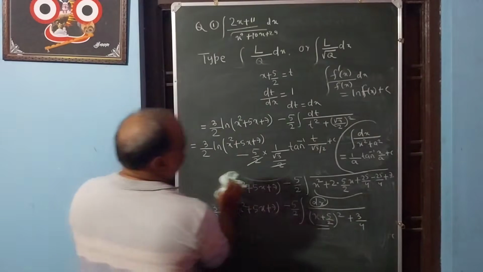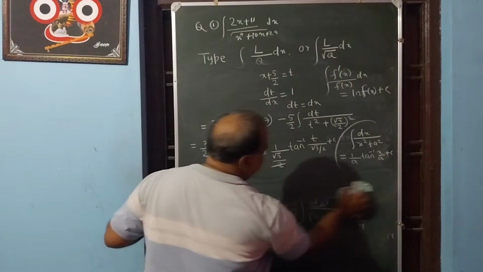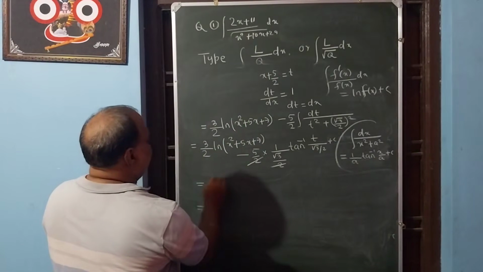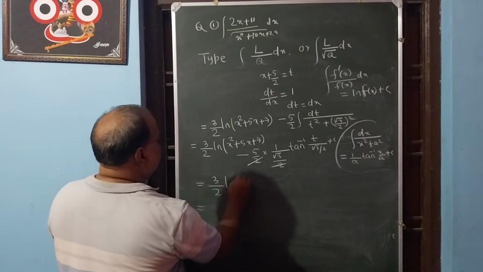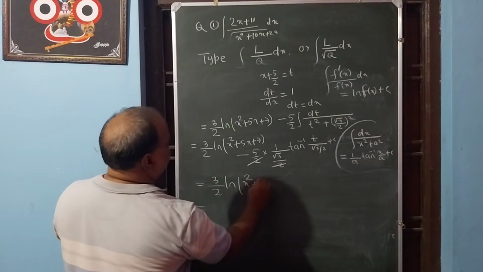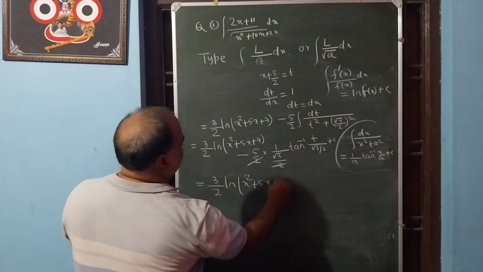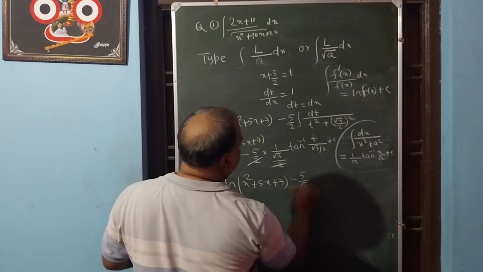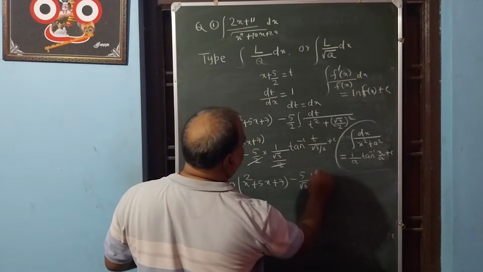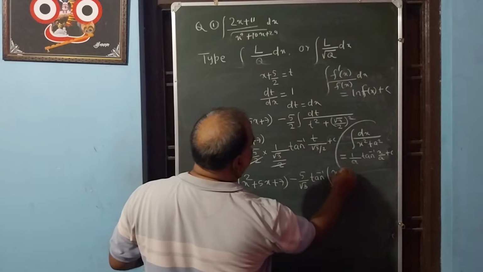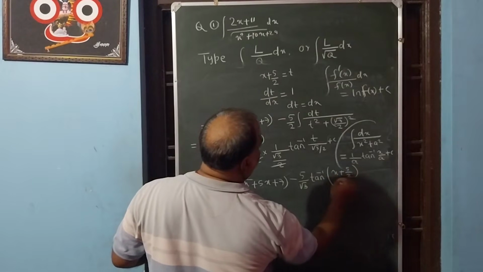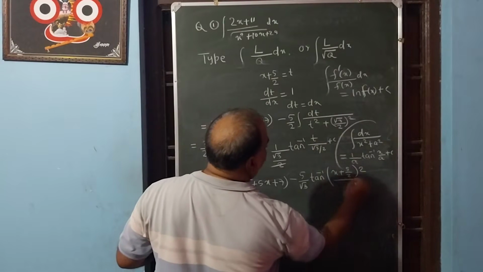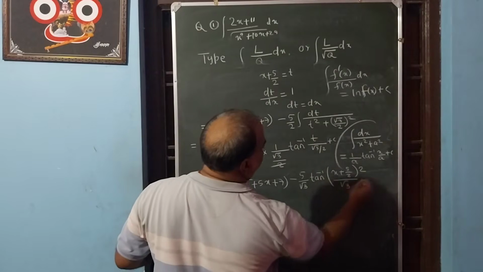We get 3 by 2 ln x square plus 5x plus 7 minus 5 by root 3 tan inverse x plus 5 by 2 whole, into 2 will be multiplied there, 2 divided by root 3, plus c.